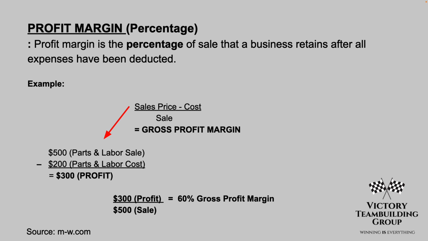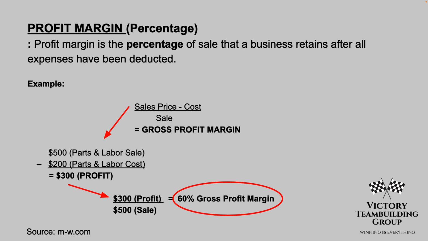Now, we take that $300 in profit and we divide that by the $500 sale. The profit divided by the sale gives you 60%.